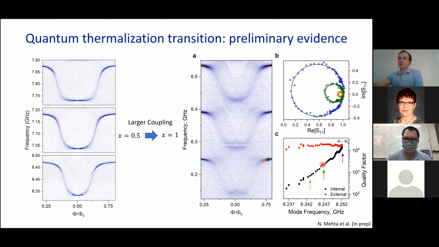These black dots are the internal quality factor. So through these anti-crossings, eventually, if you make too many, and there are many multiphoton states where a photon can decay, it basically becomes just a broad line.